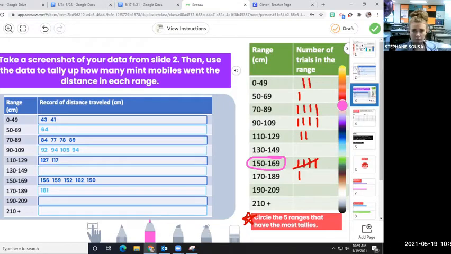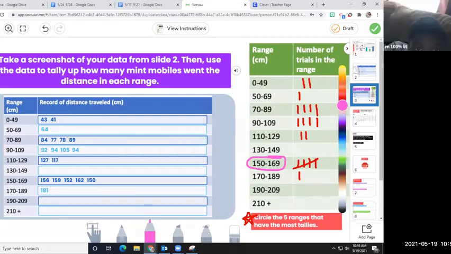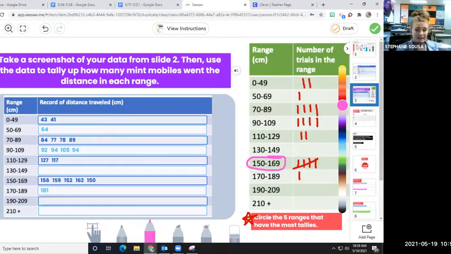Yes, Daniel. 70 to 89. So Daniel, what you have just told me is the highest range. That is the highest range that we have, but we're circling the one with the most tallies. This only has 1 tally.